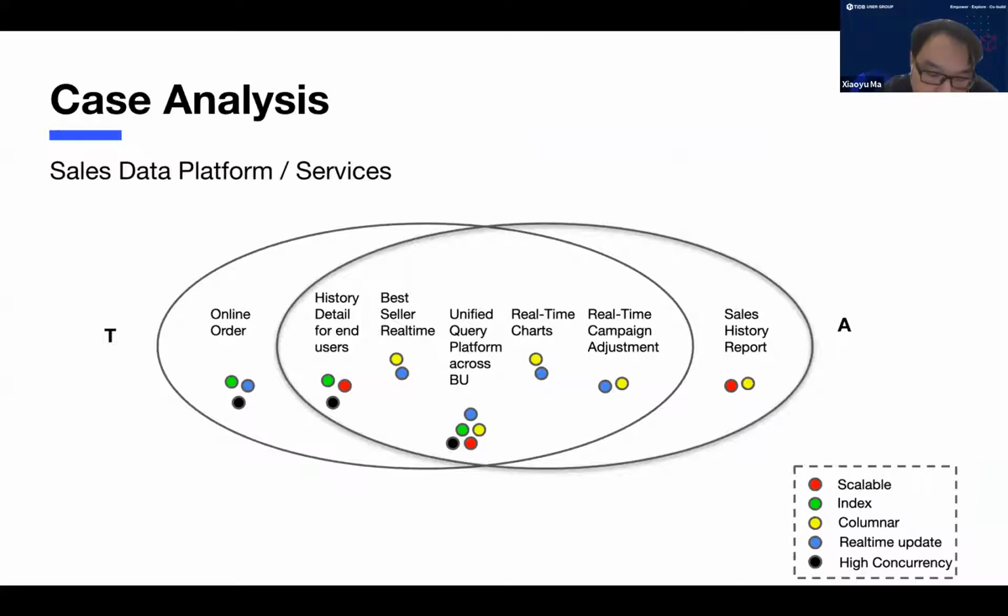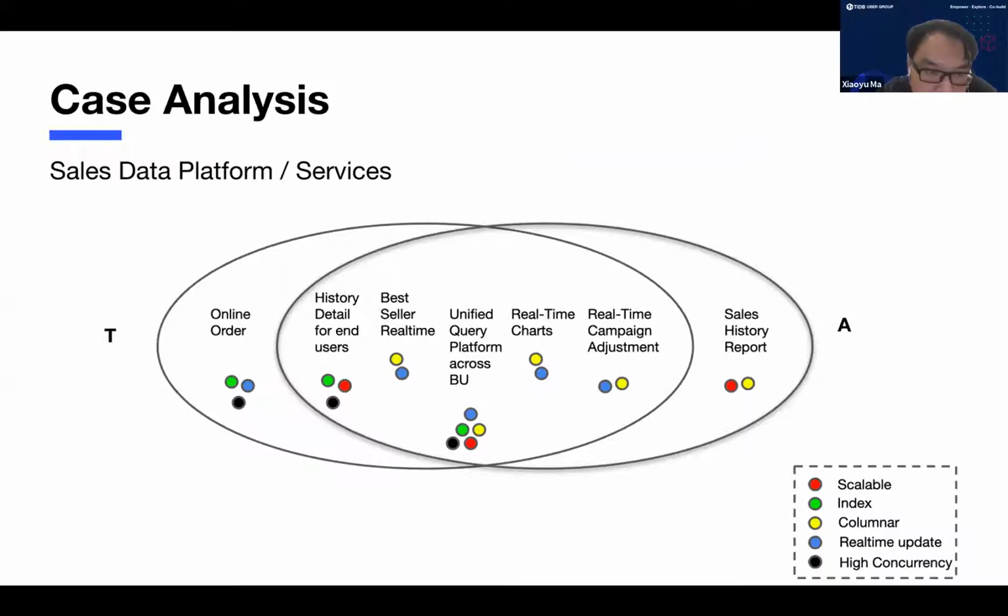So let's check some more detailed examples like this. Here's the graph that lists some of the use cases that might belong to different categories. For the very left-hand side, you have the online order services. By all means, the online order services are transactional services and online services.